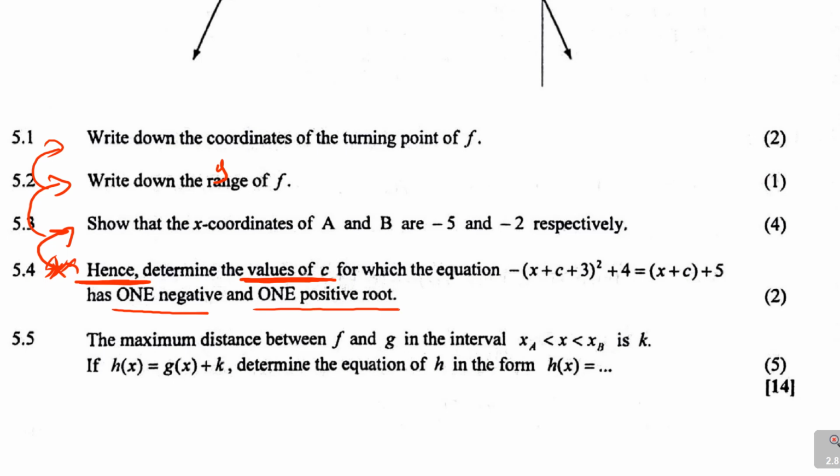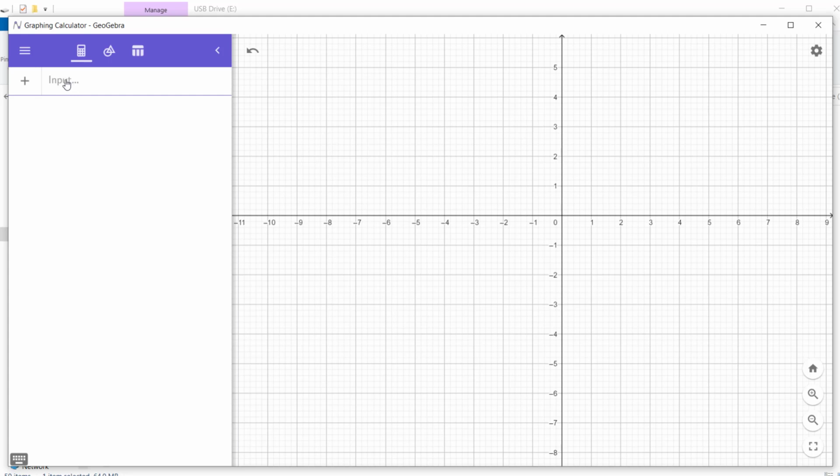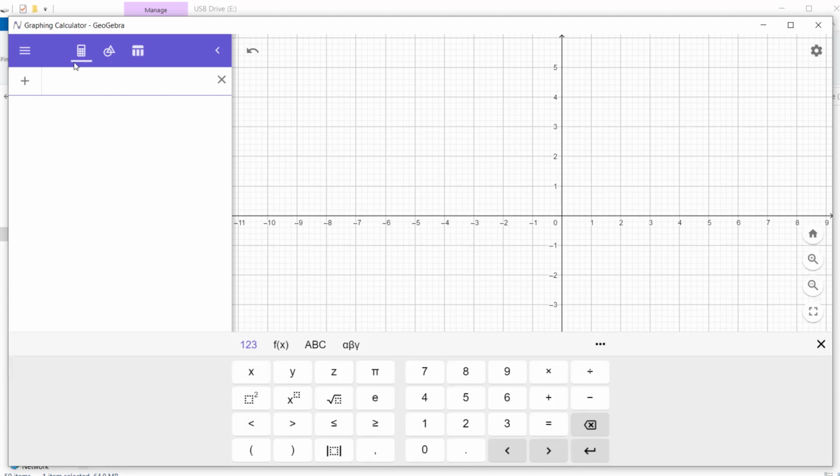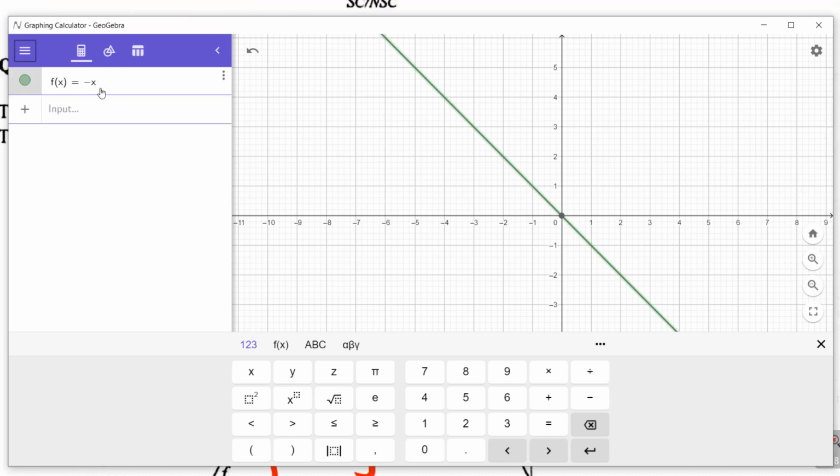Alright, but let me try to make a practical demonstration of this. So now if I'm to demonstrate, if I were to enter these, remember it's f of x equal to, and then it was minus bracket x plus 3 squared.